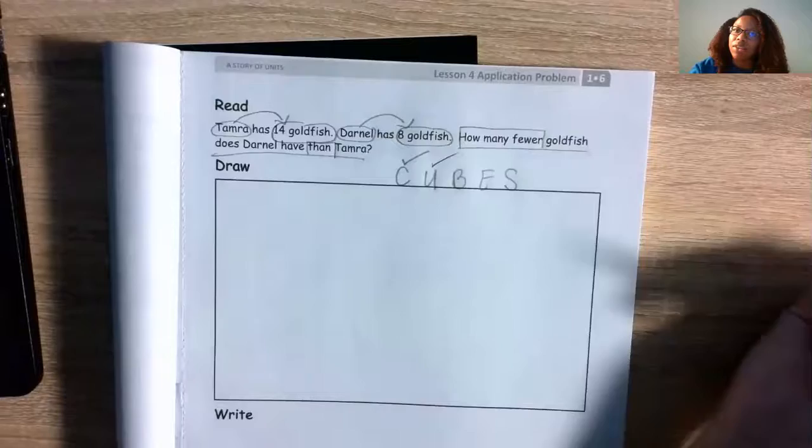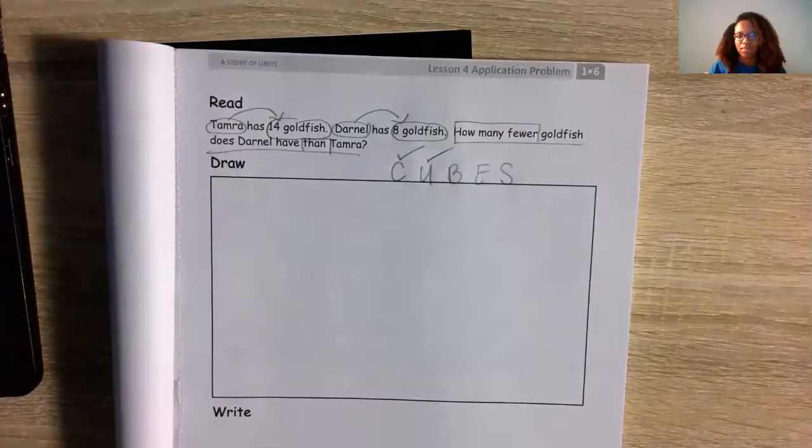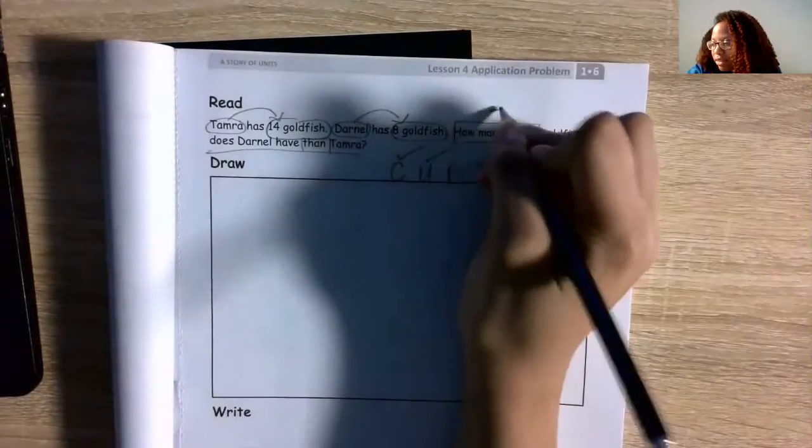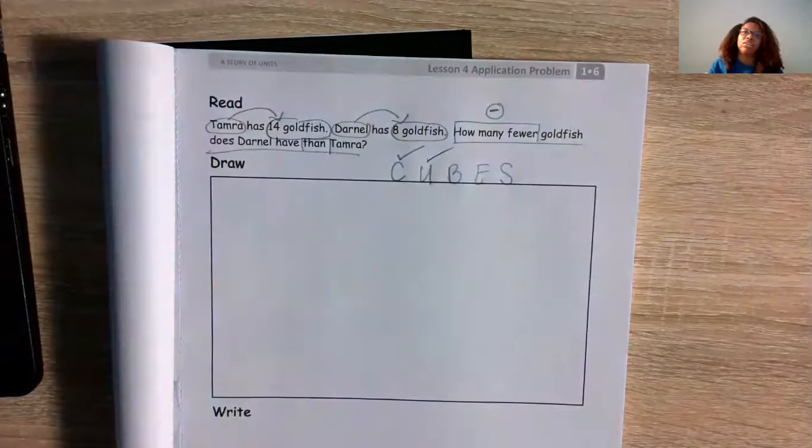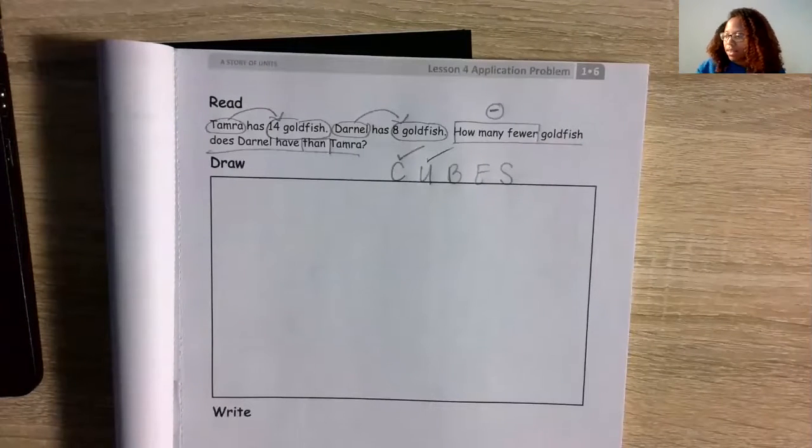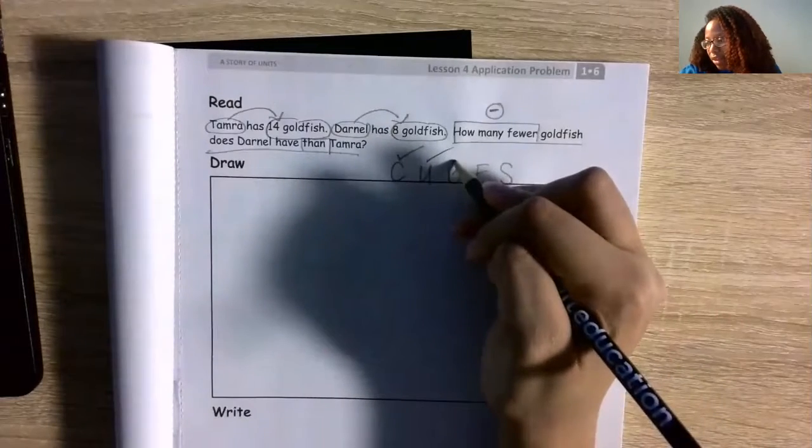And what does that tell you to do? It tells you that you are subtracting. So don't forget to write your minus sign and circle it because we are comparing how many goldfish Tamara has and how many goldfish Darnell has. So now that we've done that, go ahead, box your B.